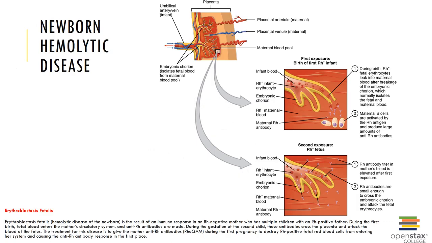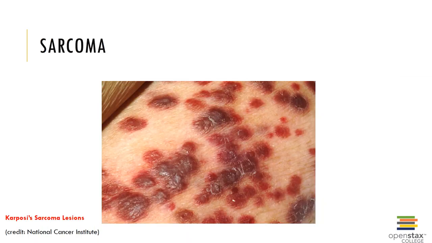And hemolytic disease of the newborn is shown here, which is also known as erythroblastosis fetalis. This is when there is an incompatibility of the Rh factor between the mom and the baby, which was not resolved after the first pregnancy. Sarcoma is shown here, in particular Kaposi's sarcoma lesions.